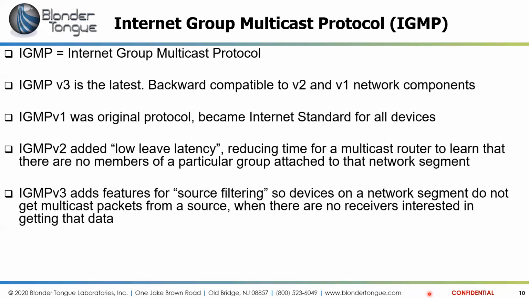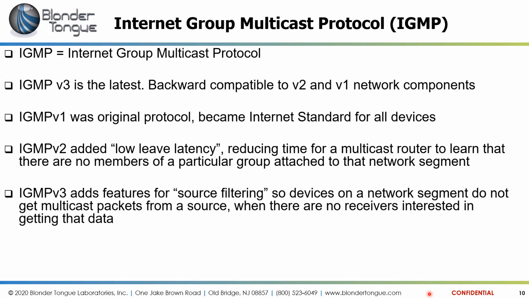IGMP version 1 was the original protocol, became the internet standard. Version 2 added low leave latency, so it reduces the time that a router learns that there's nobody downstream of them attached to that network segment that wants to receive part of this multicast group.